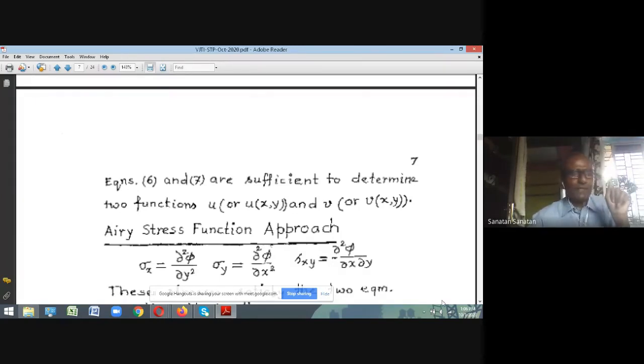In this problem, the external load is P, but you have two unknown reactions RA and RB. From the equilibrium conditions, we find that RA plus RB equals P. So you have one equilibrium equation, RA plus RB equals P, and you have to determine RA and RB. So it is statically indeterminate. From the equilibrium equations, which involve both the unknowns, you cannot determine them.